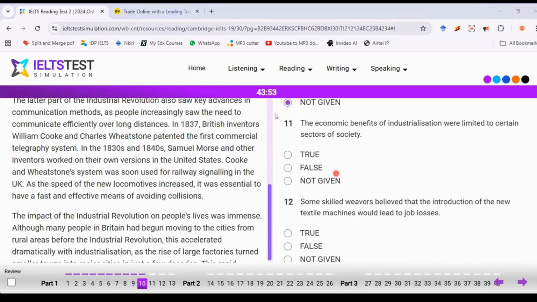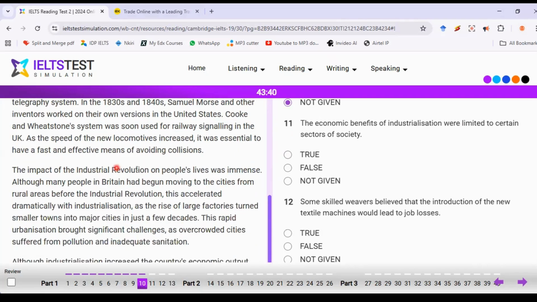Number 11. The economic benefits of industrialization were limited to certain sectors. Okay? Certain sectors. Look at it here. Industrialization is here. Industrial revolution. Although many people in Britain had begun moving to the cities. This rapid urbanization, the impact of industrial revolution on people's lives was immense.